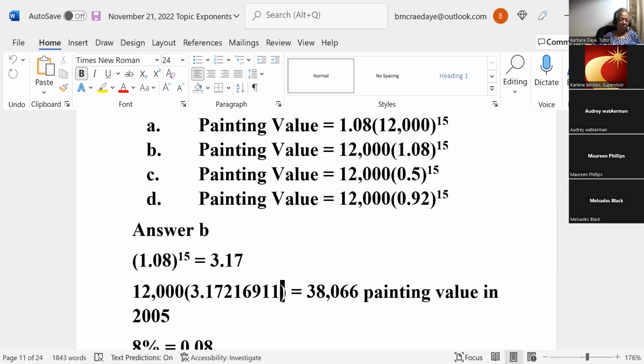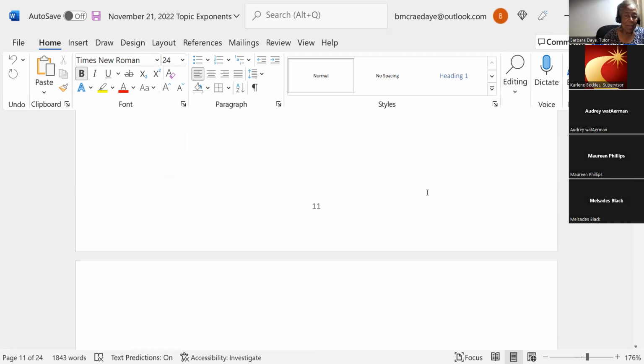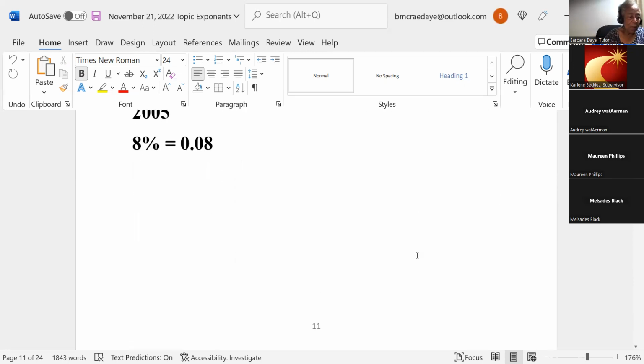So you can not only put the expression for the value, you can actually calculate the value. In the TI calculator, you can calculate any power. You put the number in and then put the power. Did that answer your question, Mercedes? Yes, ma'am.